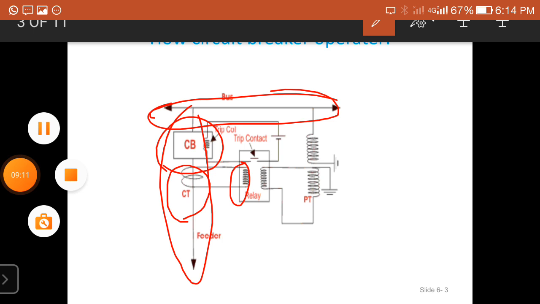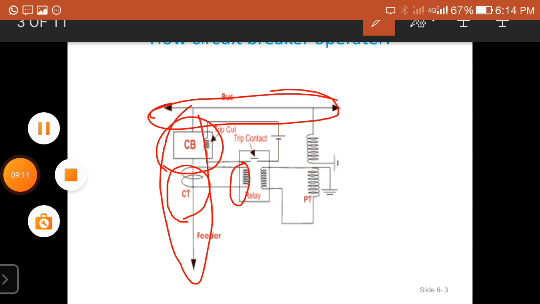If the MMF of this relay increases, the tripping contact is closed. Then automatically the supply goes to the tripping coil. Then this coil is energized. Then the circuit breaker is operated. This is the fault condition.